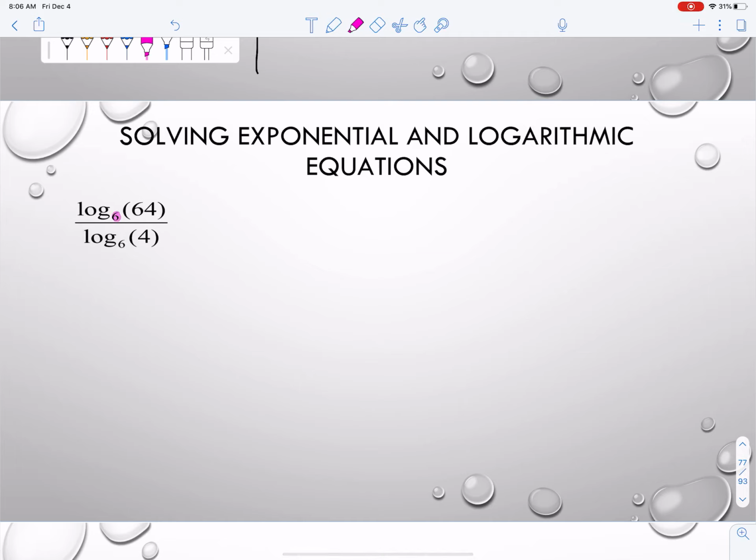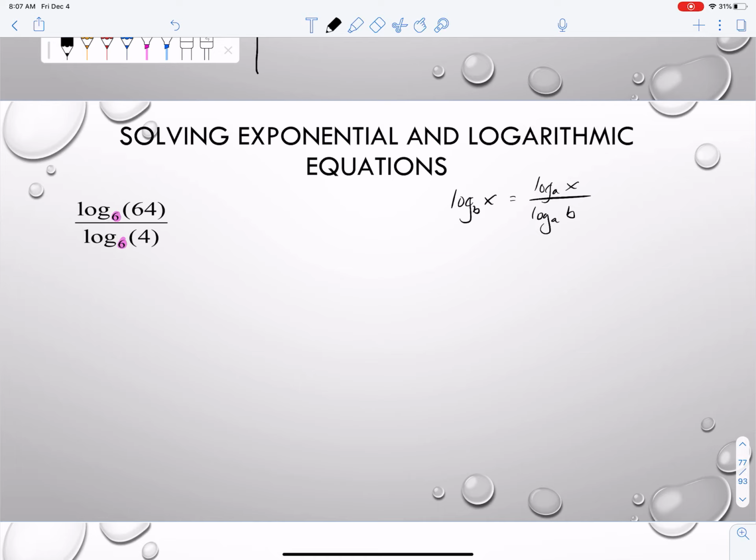All right, notice that I have the same base in both my numerator and denominator. Remember my change of base formula from above. I can change any log into a different log using the same base in my numerator and denominator. Remember I said log base b of x equals log base a of x over log base a of the original base b.